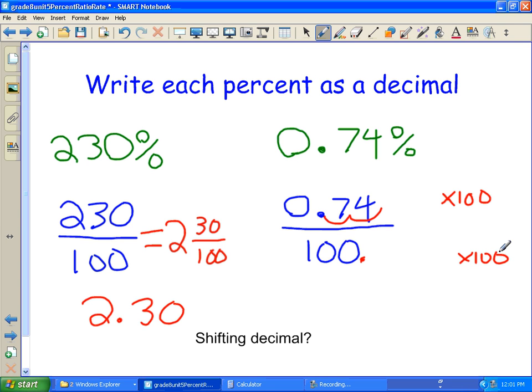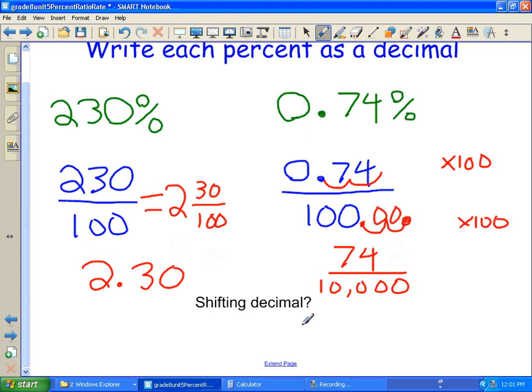It's really the same thing. So if I shift it 2 places, I'm going to add a couple of zeros so I can jump them. 1, 2. Now I have 74 on top, and I have 1, 0, 0, 0, 0. So I get 74 10,000ths.